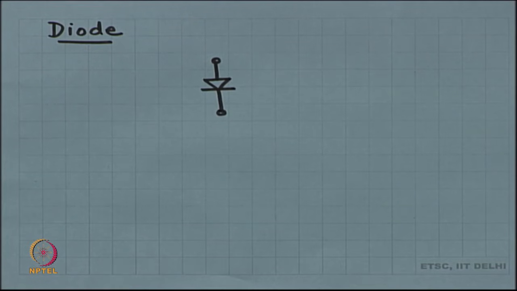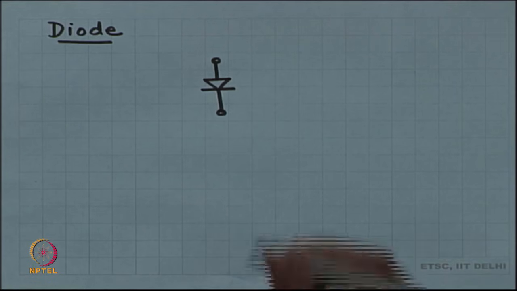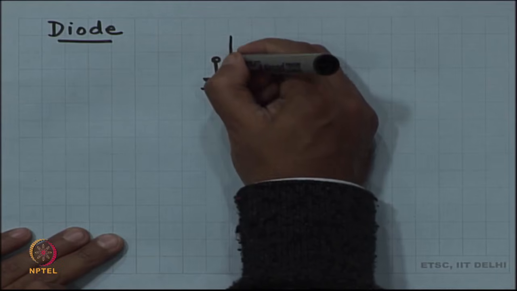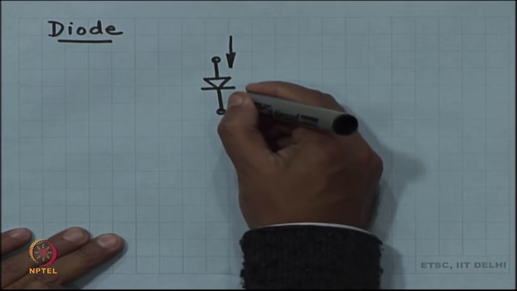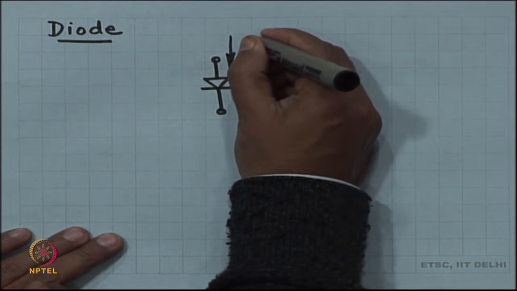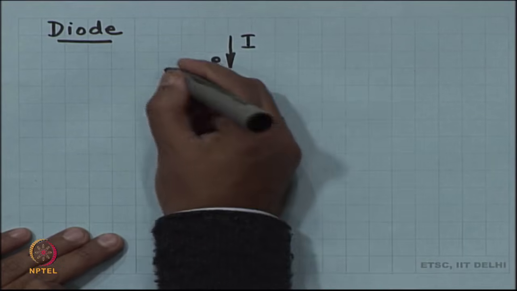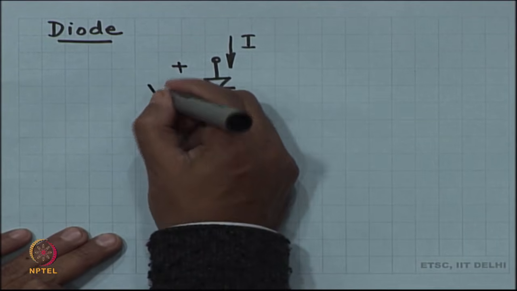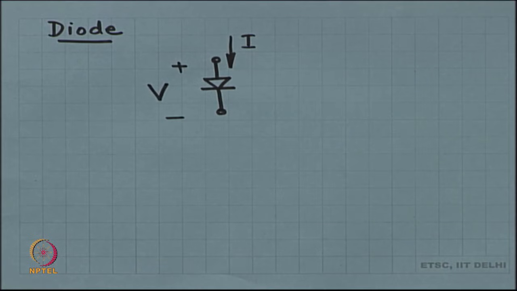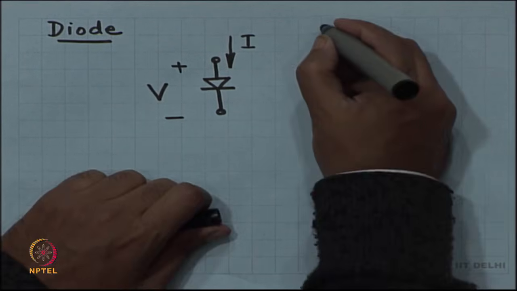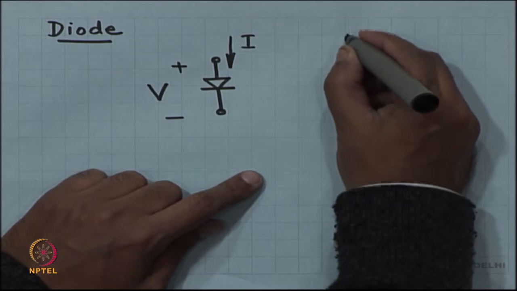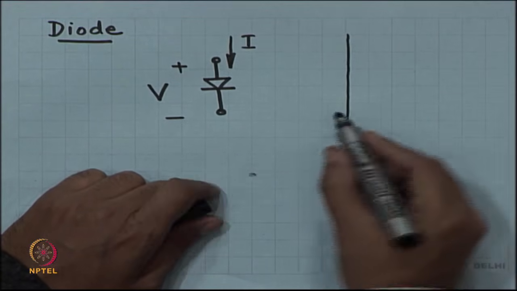Diode is made out of a p-n junction, all of that is there, we are not going to bother about it. However, if the current through a diode is I and the voltage across it is V, then V and I have a certain graph. What does that graph look like? Do you know? I am sure you know that.